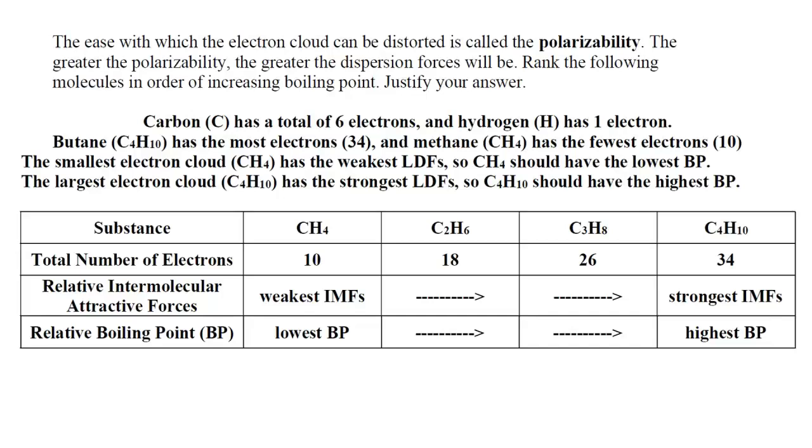So the butane, C4H10, has the most electrons, and then methane, CH4, has the fewest electrons. The smallest electron cloud had the weakest London dispersion forces and the lowest boiling point, and the largest electron cloud had the strongest London dispersion forces and the highest boiling point.